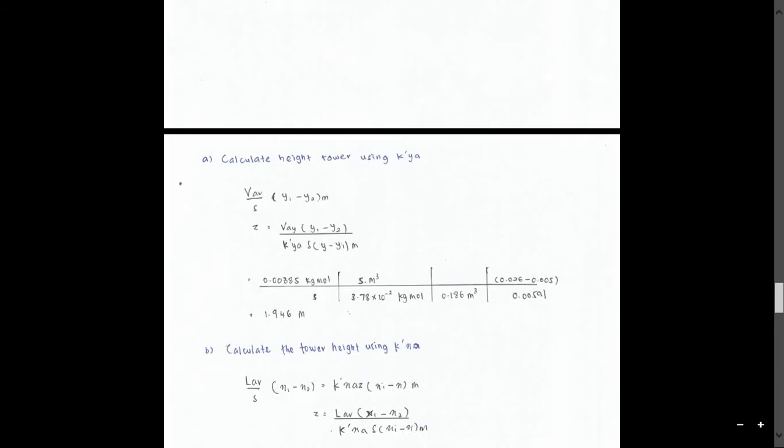To calculate the value of z, we use the formula with y1 minus y2m. The y1 and y2 are from the material balance and the single mass transfer coefficient from the question, and so we want to determine z and y minus yim.